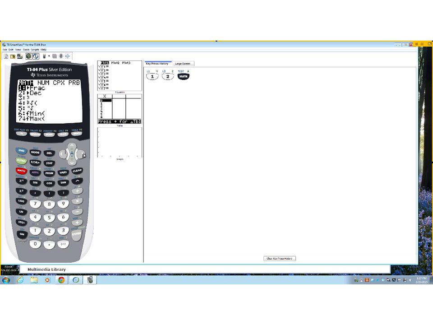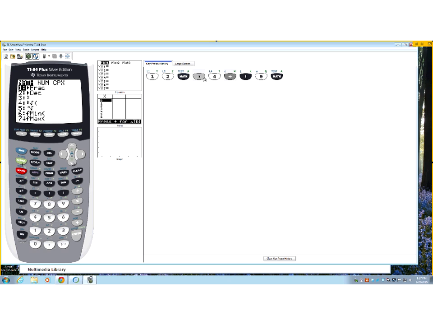You go to math, then to probability, and there's our factorial symbol, number 4. And I am going to divide that. In parentheses, you want to make sure you put whatever's in the denominator, keep it together. So I put it in parentheses to keep it together. So that's 9 factorial.